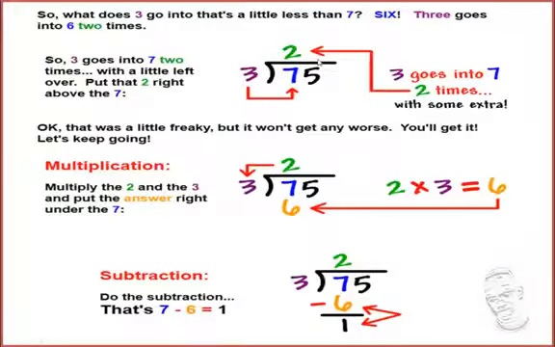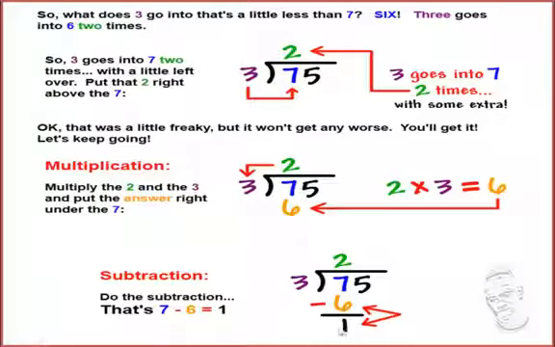What do we do next? The multiplication step: 2 times 3 equals 6. When we multiply, we subtract, so 7 minus 6 gives us 1. Again, we first divided, then multiplied, and then subtracted.